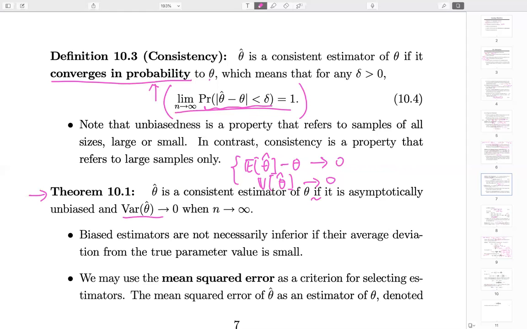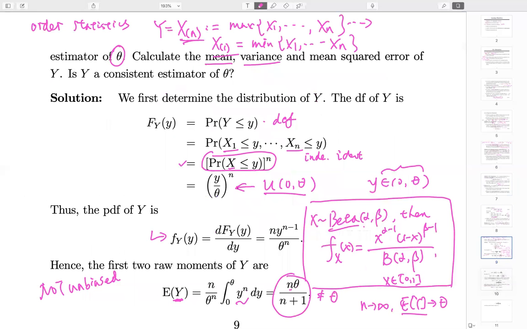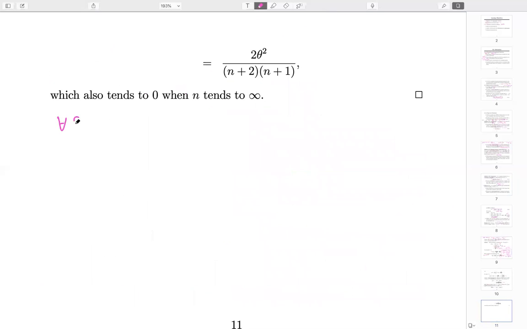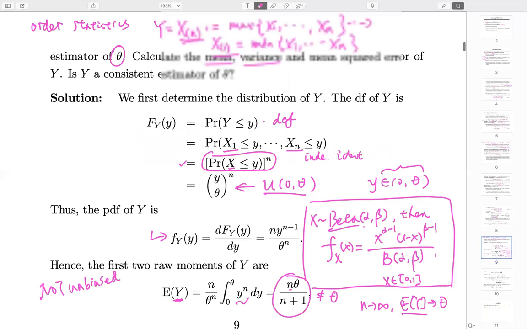For any delta, you can just pick a positive delta and try to compute the distribution. So what is the distribution? The distribution is here.